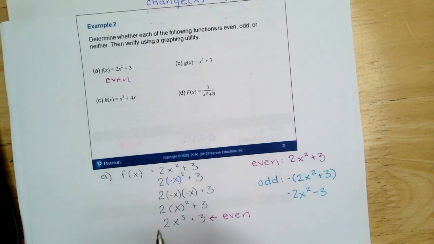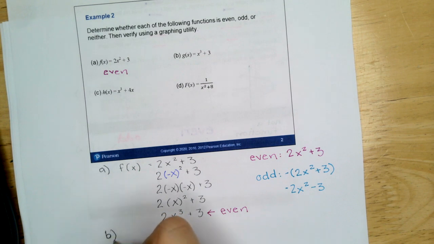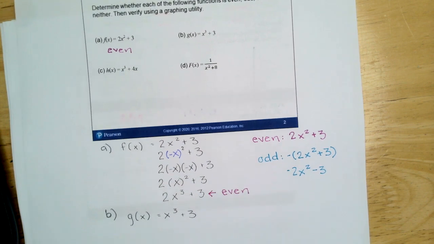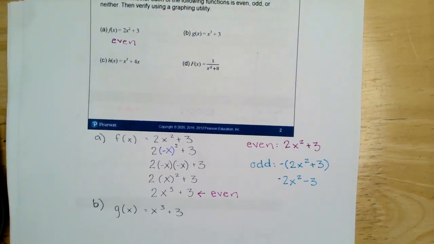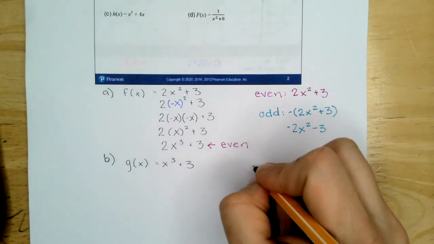All right, let's look at B. B is g of x equals x cubed plus 3. So let's just talk about what we want to see. If it's even, what do we want to see?